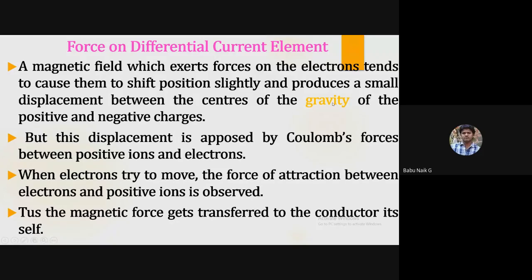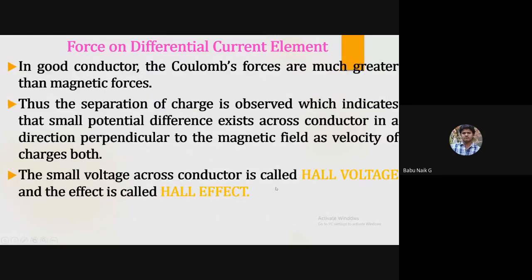This displacement is opposed by Coulomb's forces between the positive ions and electrons. When an electron tries to move, the force of attraction between the electron and positive ions is observed. I will show you this practically later. Thus the magnetic force gets transferred to the conductor itself.